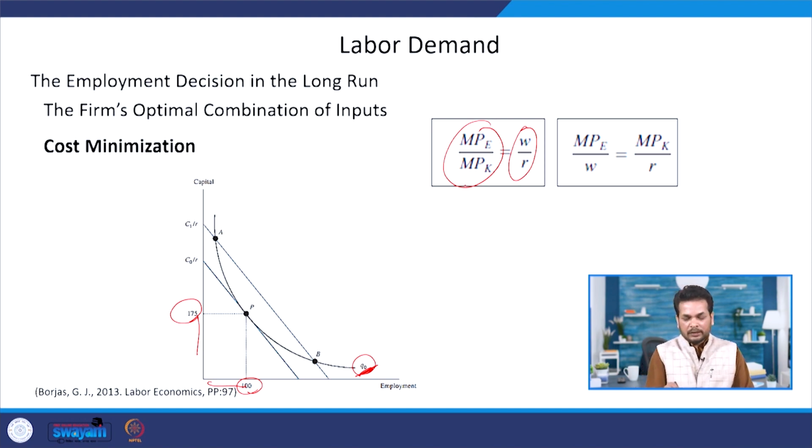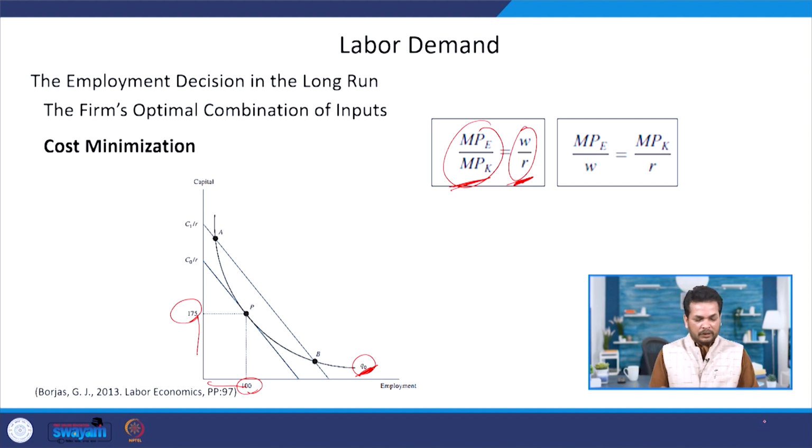If you look here, MPL by MPK is talking about the revenue that the farm is going to get, and W by R is the per unit cost the farm is going to have. So, when the per unit revenue equals the per unit cost, that is the point where the farm maximizes its profit.